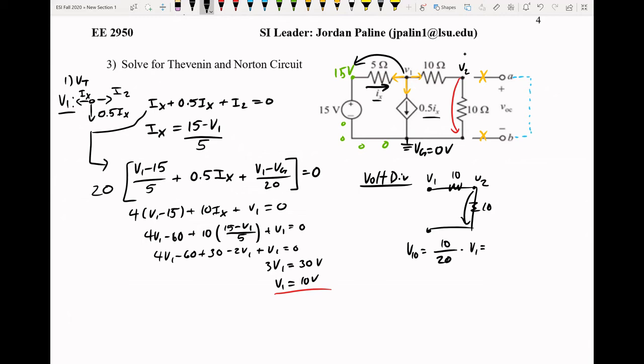So that looks like that'll be 100 over 20, which will give us 5 volts for V Thevenin because it's in parallel. All right, so there's V Thev.